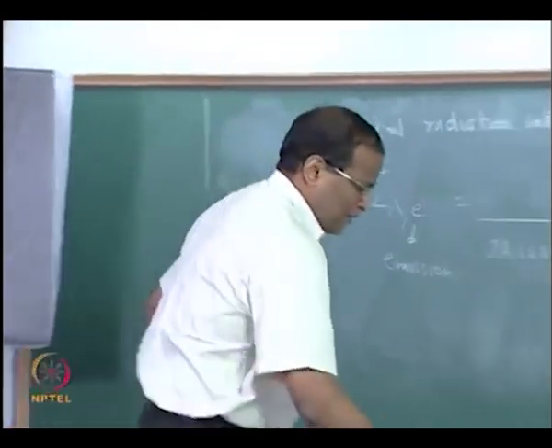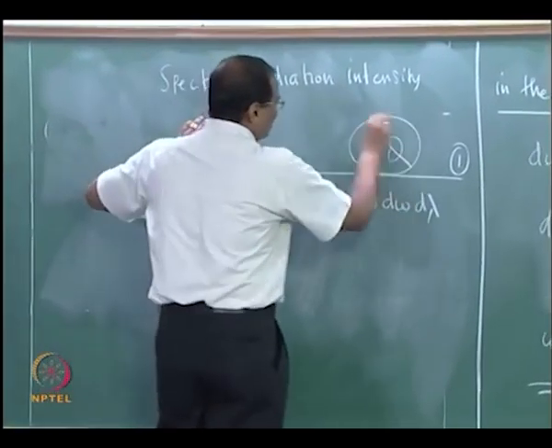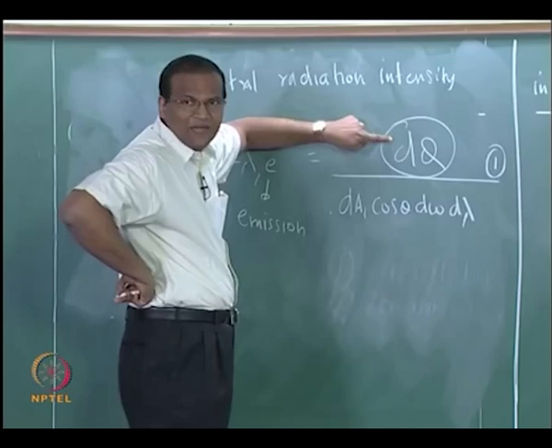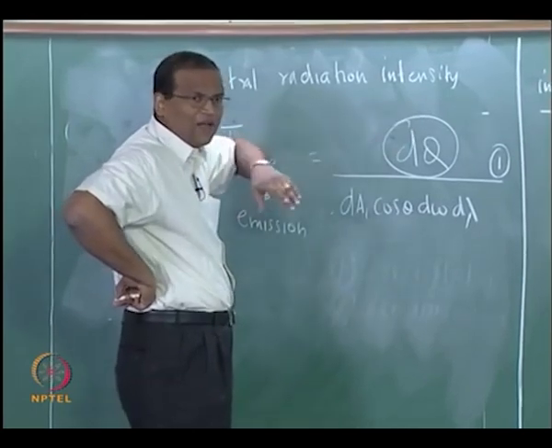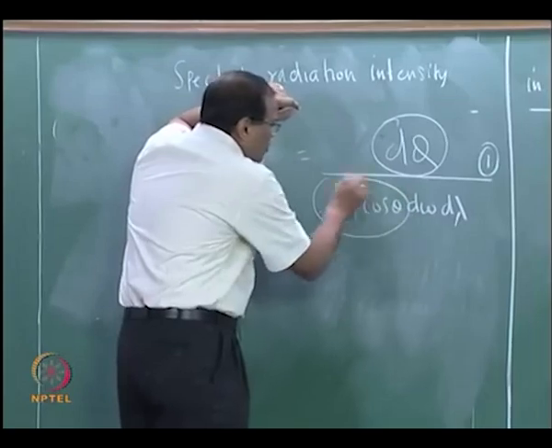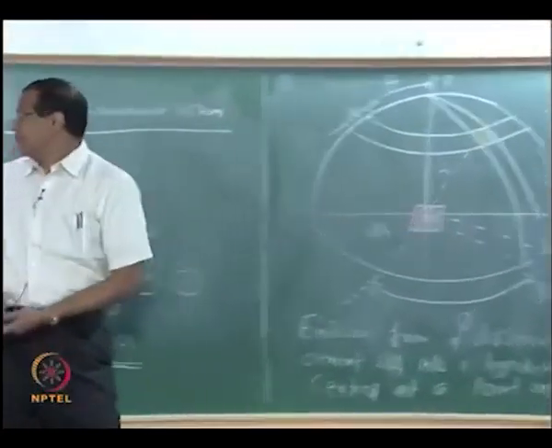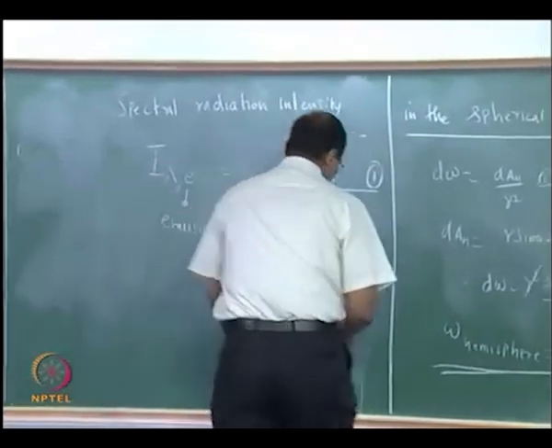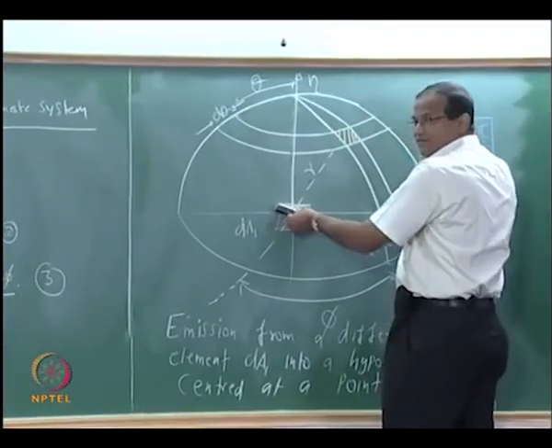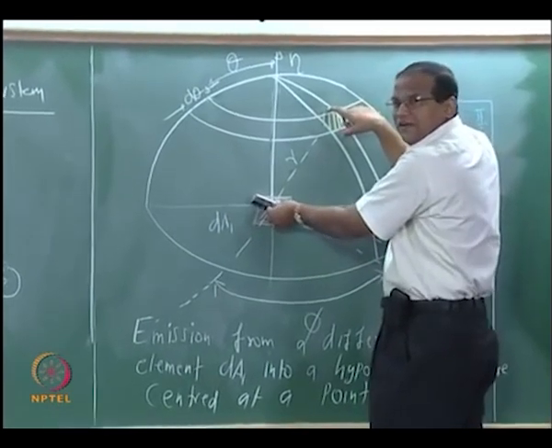So, the spectral intensity of emission is the rate at which a particular area is emitting radiation, that can be dA1. So, it is a flux quantity per unit area normal to this in the theta phi direction. The theta phi direction is given by this. So, that is why I have dA1 cos theta, so that I take care of this, because this surface will not know dA1, it will see only the projected area.